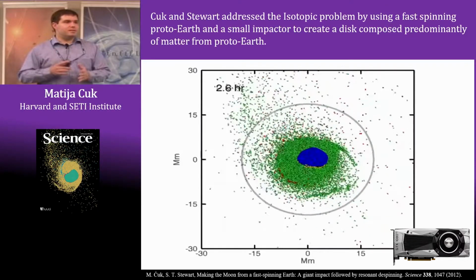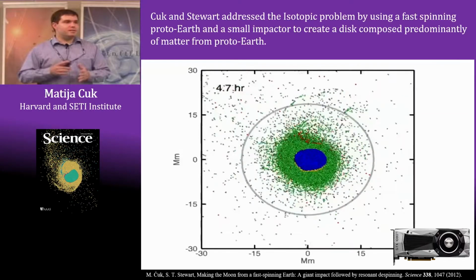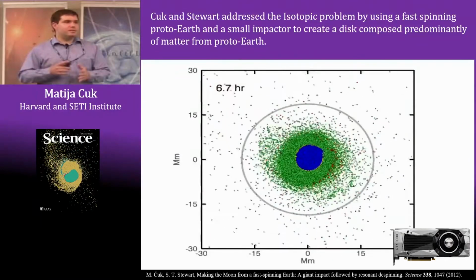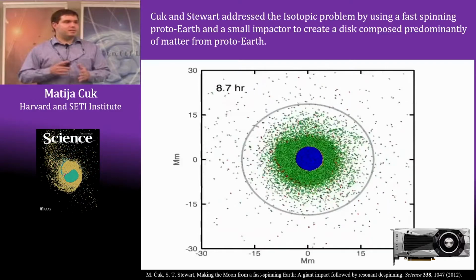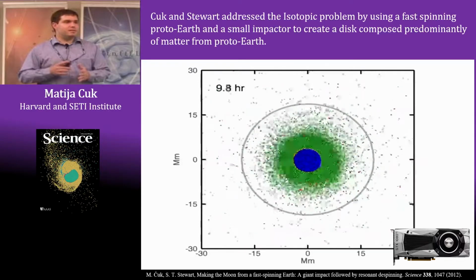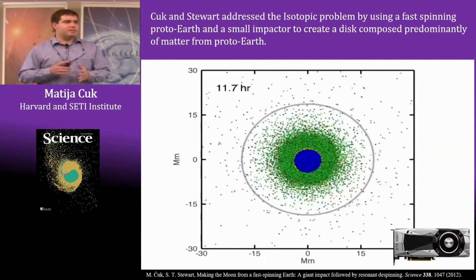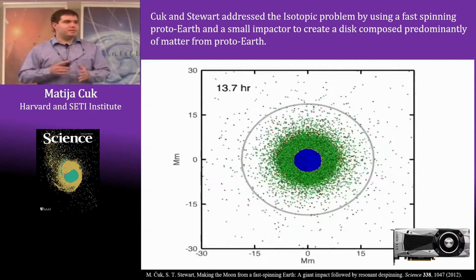They took a fast-spinning planet and slammed an impactor into it, and they got a large amount of both the impactor and the target material outside the Roche limit to create what would later become the moon.